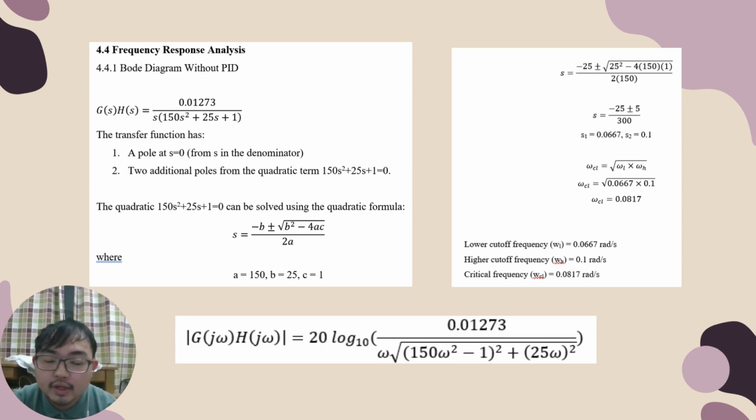After that, we can calculate the magnitude in dB using the following equation: 20 log10 of 0.01273 divided by W times the square root of (150 W squared minus 1) squared plus (25 W) squared. We substitute W with the lower cutoff frequency, the higher cutoff frequency, and the critical frequency.